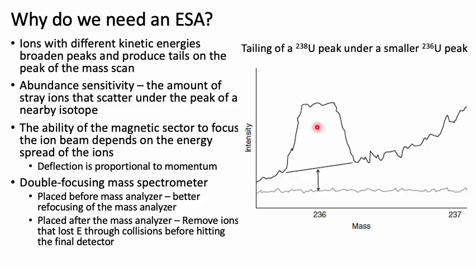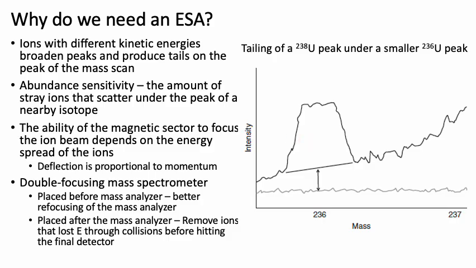This affects what we call our abundance sensitivity, which is the amount of stray ions that scatter under the peak of a nearby isotope. The difference between this peak with the interference and this peak without is the abundance sensitivity.